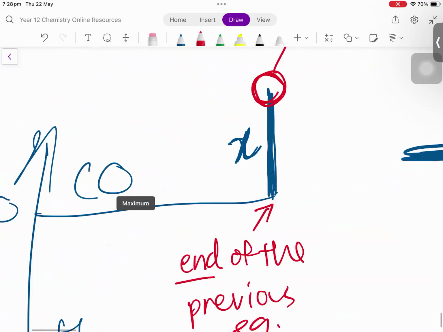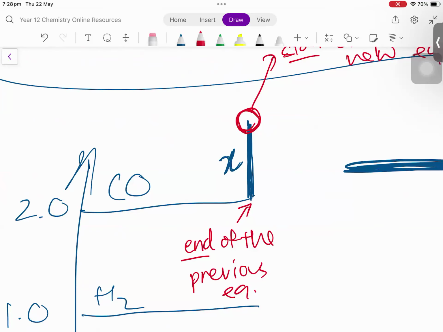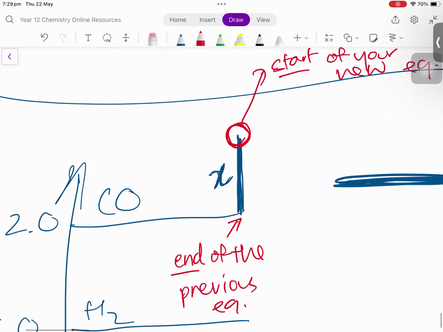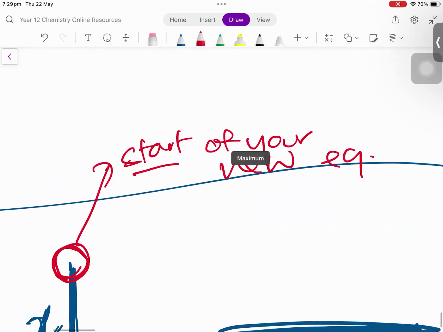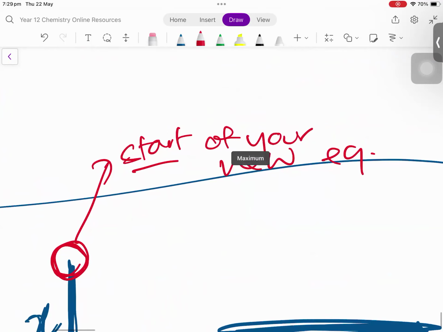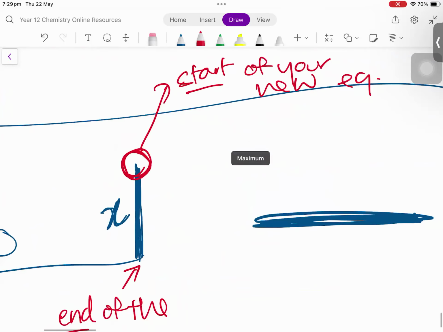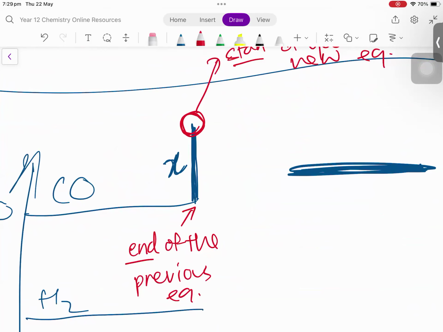That's because the amount was initially 2, but because you added an x to it, the 2 plus x becomes the start of your new equilibrium. Yeah? So the 2 was the end of the old equilibrium. If you didn't do anything to it, the end of the old equilibrium would be the start of your new equilibrium.